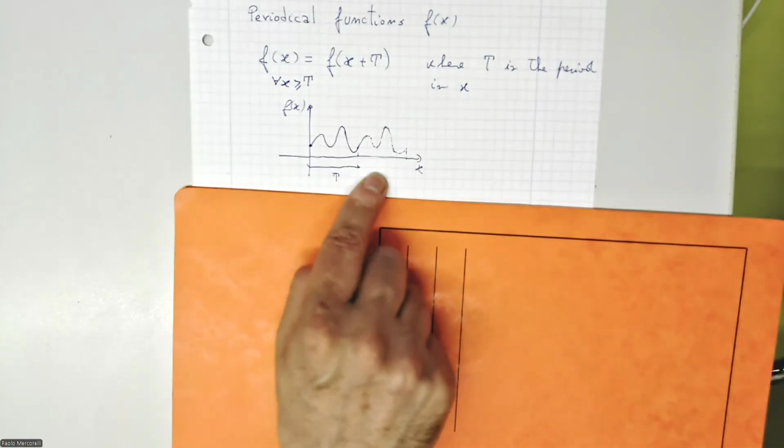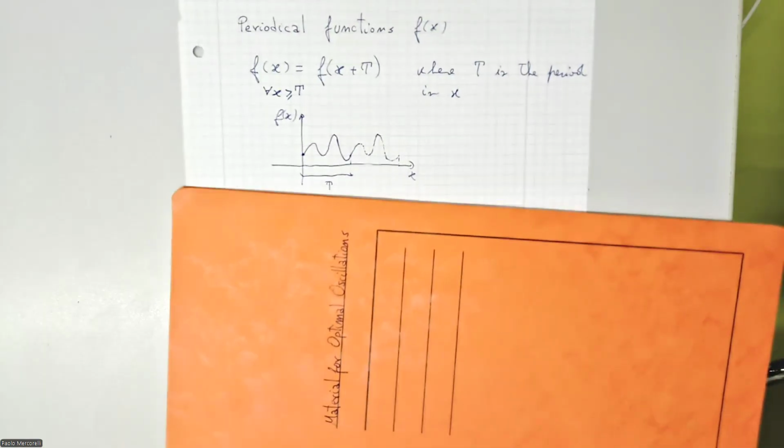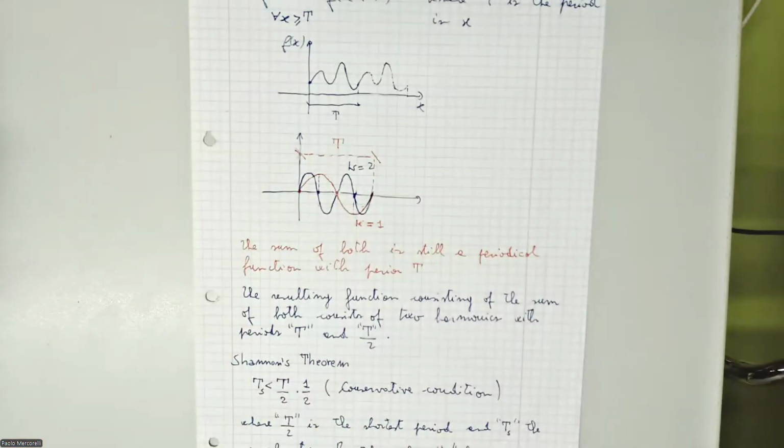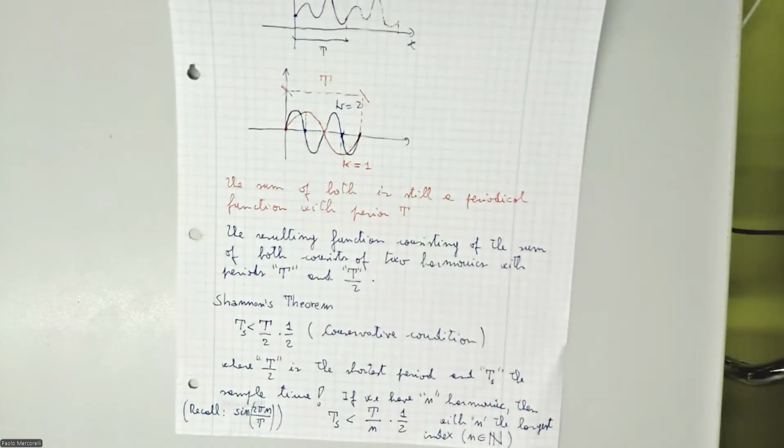Exactly here, I put two periods, just one sentence, and then we will see next week a very important problem to work with this kind of regressor. I don't know if you heard about the Shannon theorem.